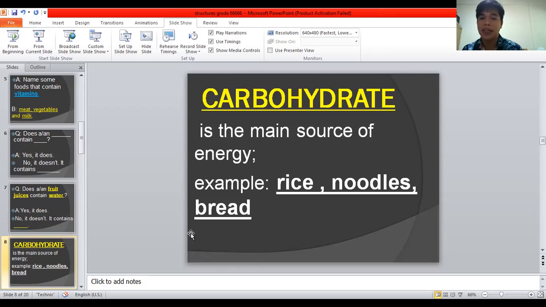We have rice, noodles, bread. I will give you 5 seconds to read. 1, 2, 3, go. Very good. That is carbohydrate, the main source of energy, and the examples are rice, noodles, and bread.